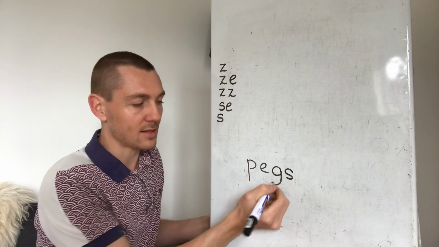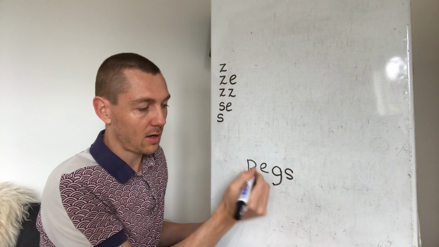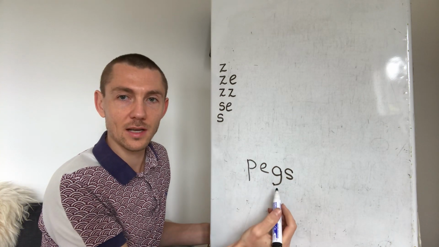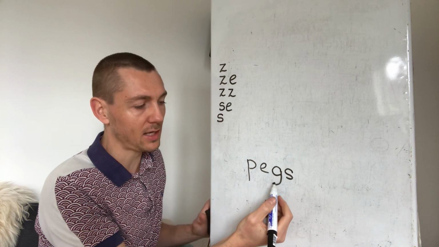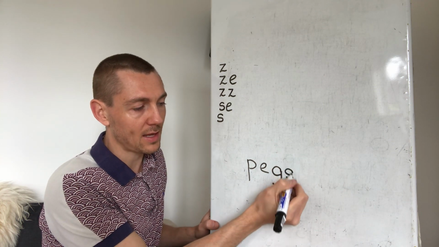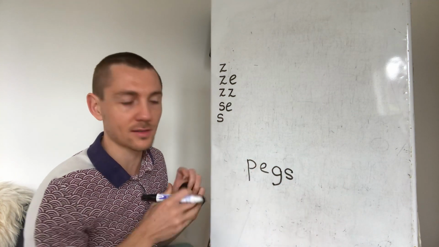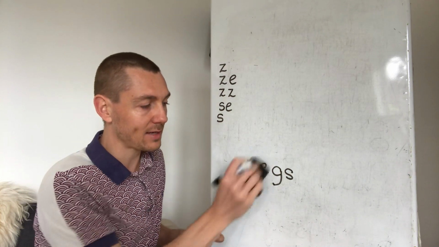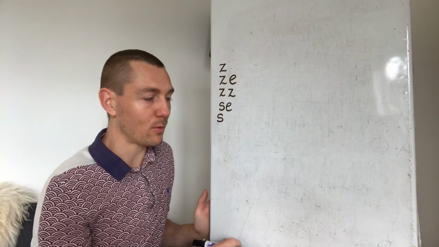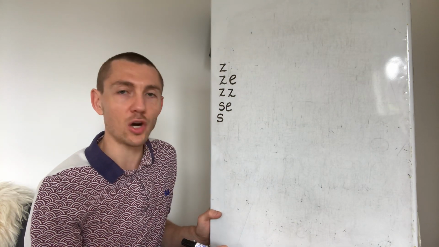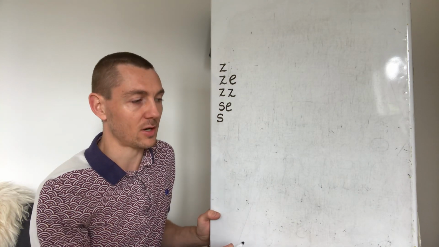So there's a pattern, isn't there? There's a similarity. The z sound as a plural after a g sound spelling is often the s spelling of z. So pegs, legs, eggs, pugs, if you were talking about more than one pug, dog, dogs, etc.